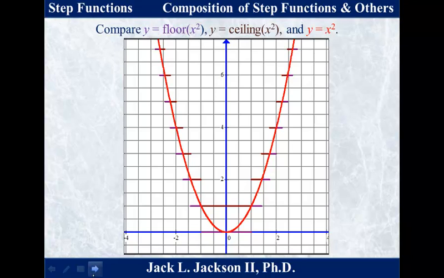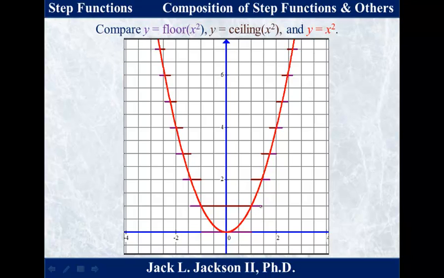You can see that here, all of them together. So here's y equals x squared in red, and then you've got those other two functions all graphed on top of the same graph. And notice here, between -1 and 1, again, the floor is down here, ceiling is up here. And let's just look between 1 and, well, actually it's the square root of 2, right?